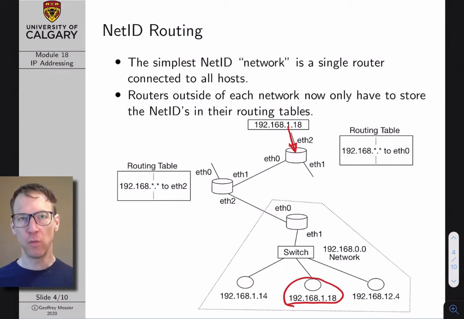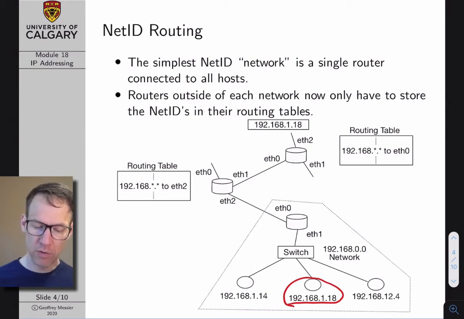And so the difference with this example and the one in the previous module, however, is that the routing table now doesn't have a separate entry for every single possible destination. Instead, the routing table has an entry for each network ID. And so the router doesn't bother looking at the host ID.